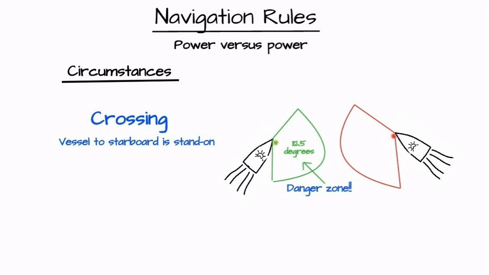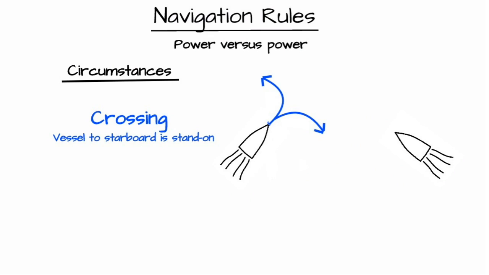Now, the give-way vessel should take early and obvious action to avoid the stand-on vessel. The actions can include turning to port, turning to starboard, or changing speed. Should the stand-on vessel decide that the give-way vessel is not taking appropriate action to avoid a collision, then it should take its own action.